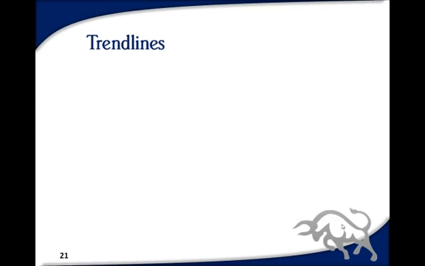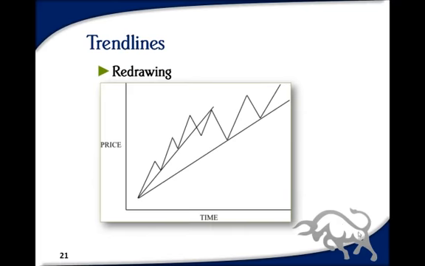Now here's an example of redrawing. The trend line started off steeply, like that chart we just looked at. It was sort of supported, and we got 3 touches. But then the price dropped through, came back up to touch the trend line, which became a resistance. But then it dropped back down, and we've got another couple of lows there, which form a straight line, which we take back to the start of the trend.